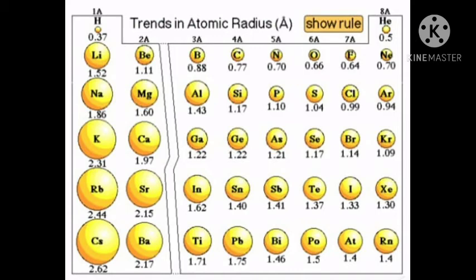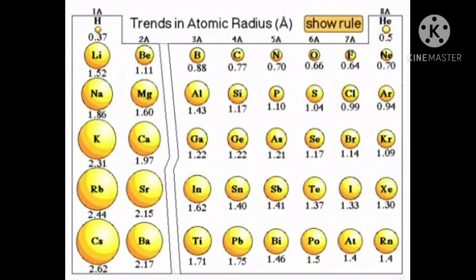In the first group, the atomic radius from top to bottom, or in the group, increases: 0.37, then 1.52, 1.86, 2.31, 2.44 and 2.62 respectively.